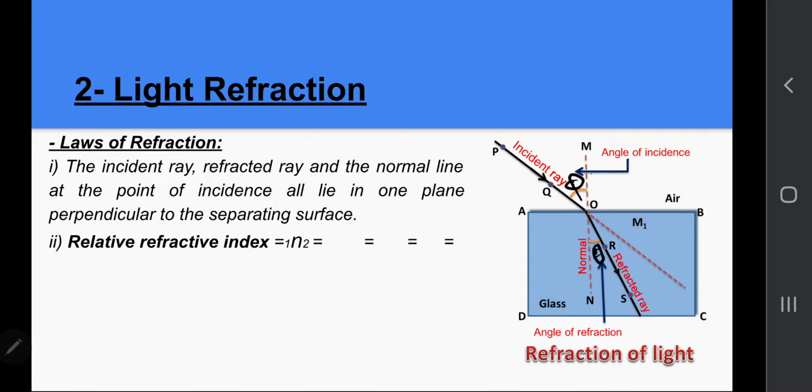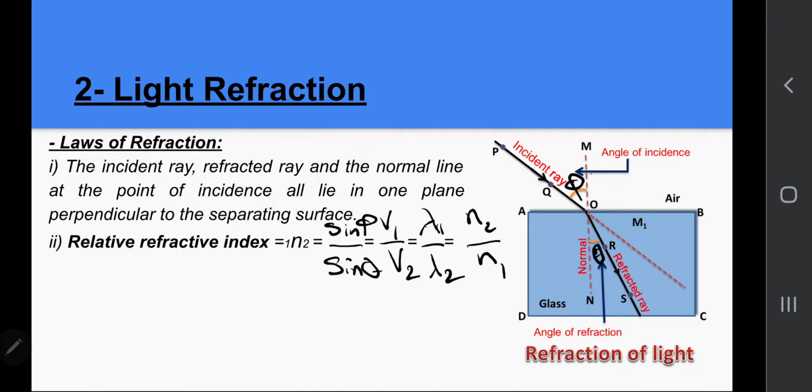Okay. The second law: relative refractive index n12 equals sine phi over sine theta, or equals v1 over v2, or lambda 1 over lambda 2, or n2 over n1.